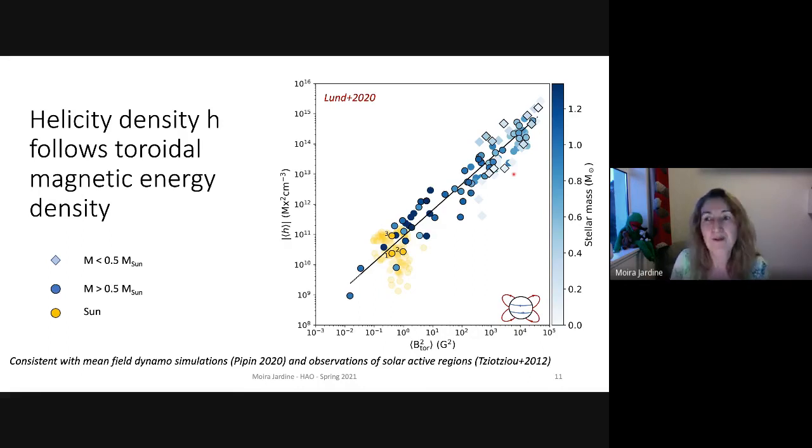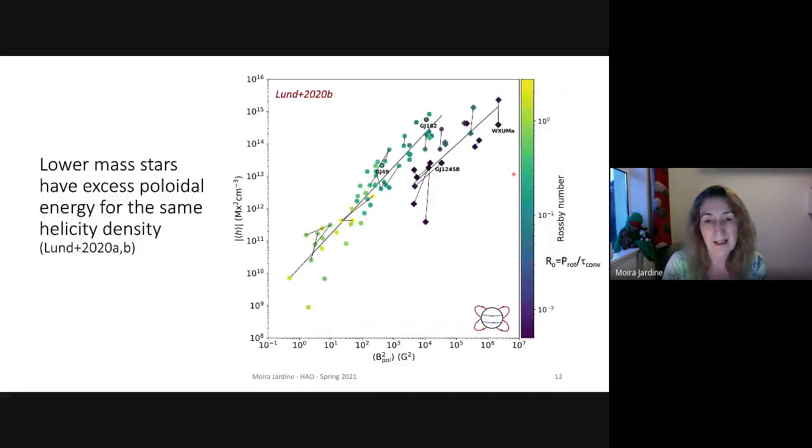But we see something rather different if we plot the helicity density, not against the toroidal energy, but against B squared for the poloidal field. And now we see that beautiful straight line correlation has split into two. And the two branches are distinguished by the masses of the stars.